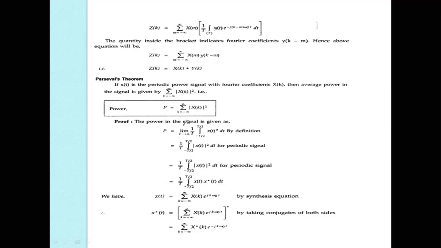Without this limit T tends to infinity and 1 by T, it is only for the energy signal.